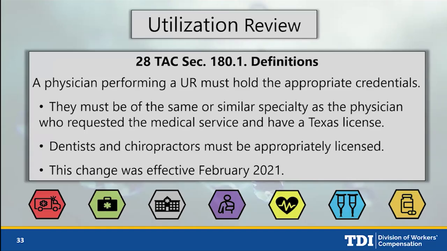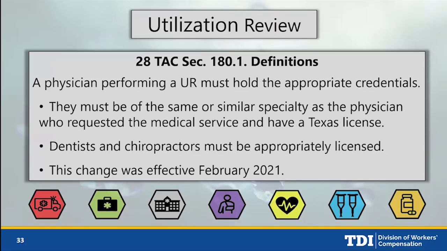180.1 says that a physician performing utilization review must hold appropriate credentials. So you might be wondering, who's actually looking at my pre-auth request, especially if they deny it. Just know that it needs to be a physician of the same or similar specialty as the physician who requested it, right?